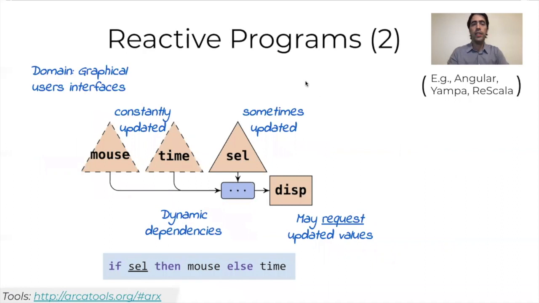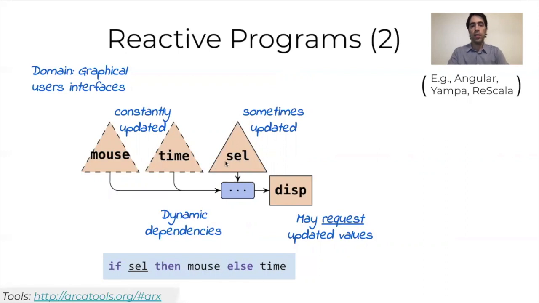If you look at a different kind of reactive program, in this case, about how you model a graphical user interface where you want to use a Boolean reactive variable to select if you want to display a time stream or the mouse coordinates stream.